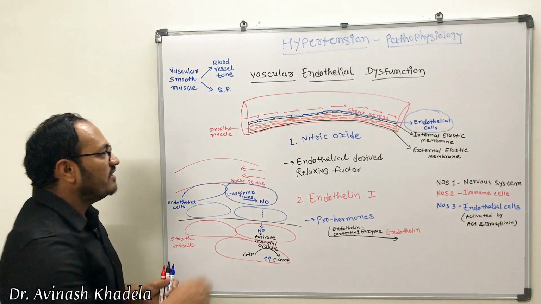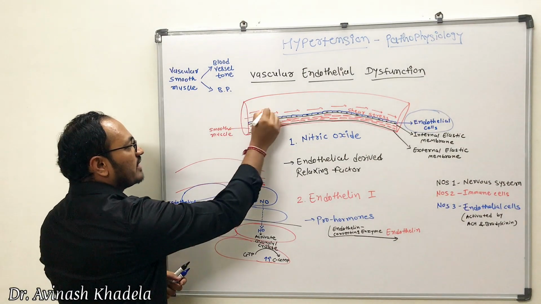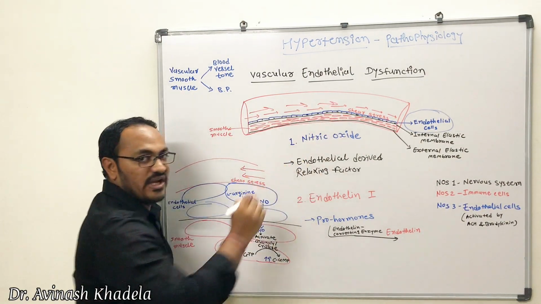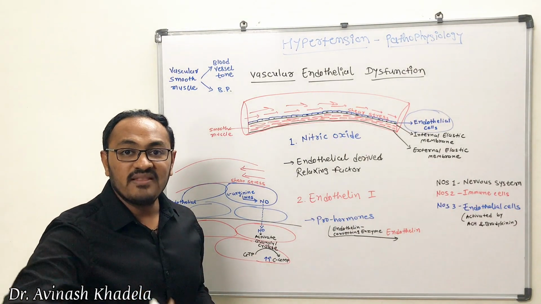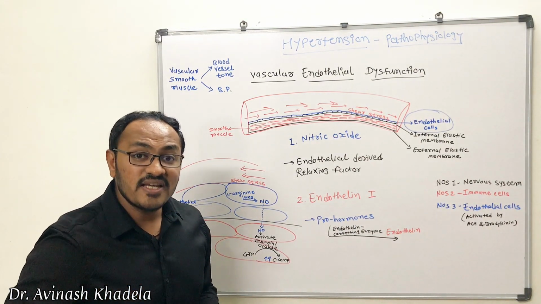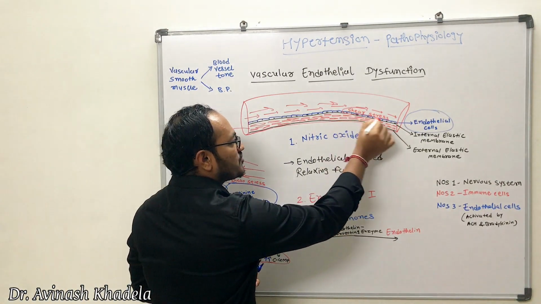Now, when the blood is flowing continuously through the artery and vein, sometimes there is an increase in blood flow in the artery. Increased blood flow in the artery leads to generation of shear stress.